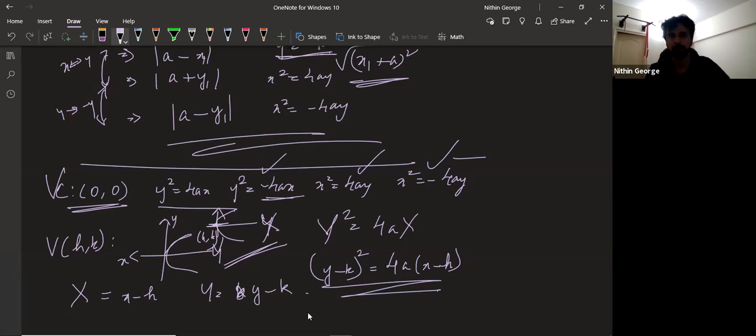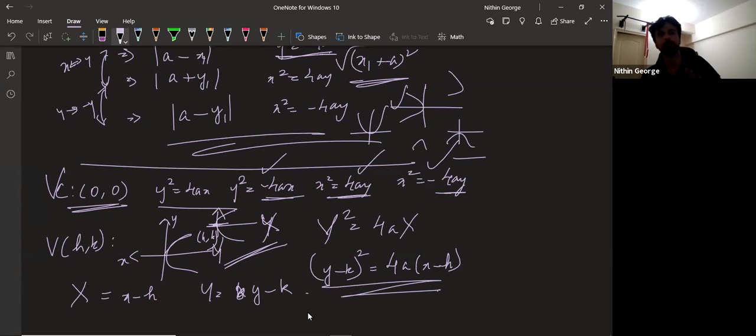You can shift a parabola of this shape to anywhere, a parabola of this shape to anywhere, and a parabola of this shape to anywhere else. Just replace y with y minus k and x with x minus h. You can do exactly that. Now is it clear?